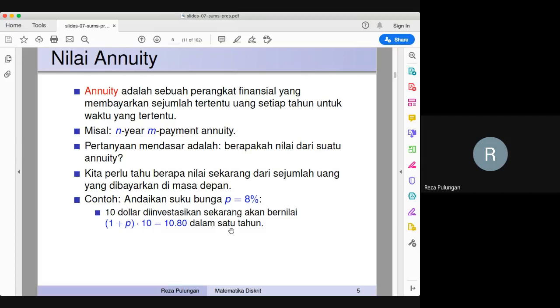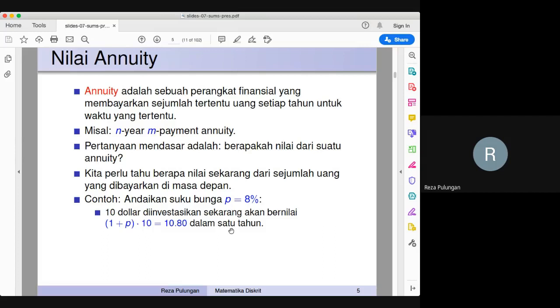Now, $10 invested right now means that if you have $10 now and you put it in the bank, then at the end of the year your money will be 1 plus P, the interest rate, multiplied by 10, which is equal to $10.8. This is basically the value of your $10 after 1 year.